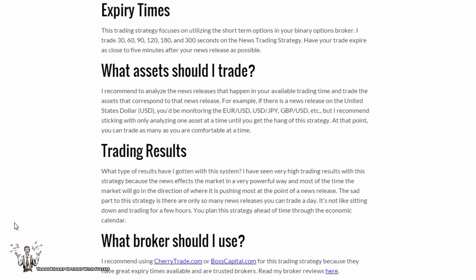Now the expiry times that you're going to be trading is anywhere from 30 seconds to 300 seconds. That is 30 seconds to 5 minutes. That is because you have a 5-minute timer. Imagine having 5 minutes after the news release actually occurs. Now you want your trade to expire at the same time as that 5-minute expiry.